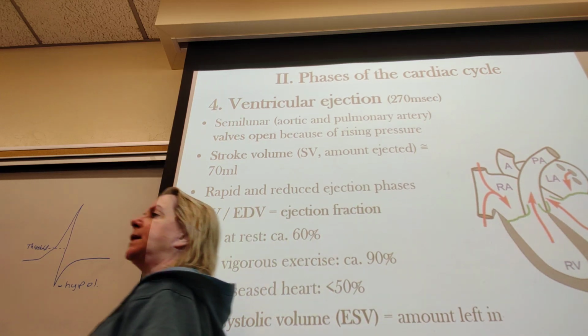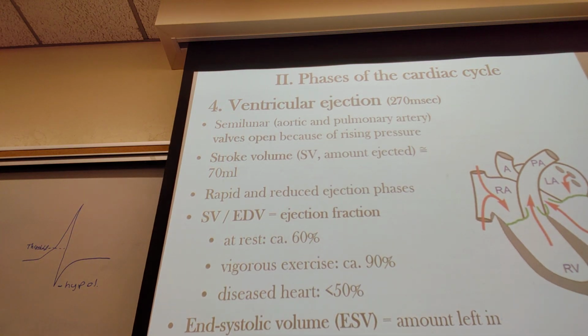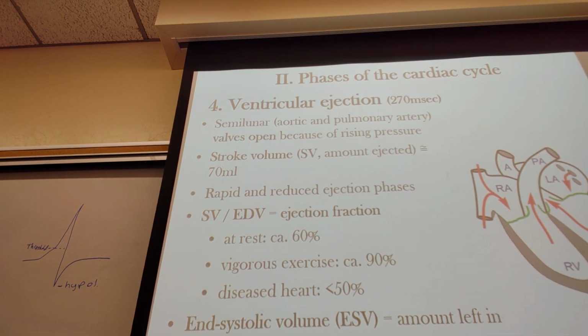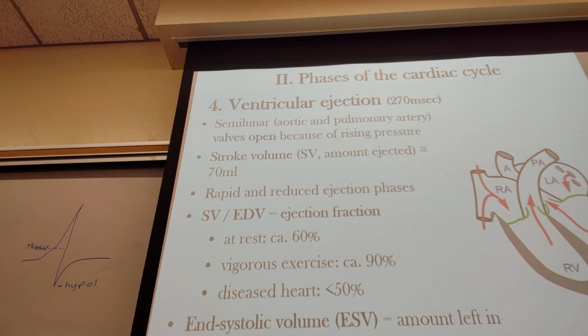And we start to get ejection. When we start to get ejection, the amount of blood that's ejected is called stroke volume. And I'm going to tell you later on in the next 5 slides what end diastolic volume, EDV, is versus end systolic volume, ESV, and ejection fraction.